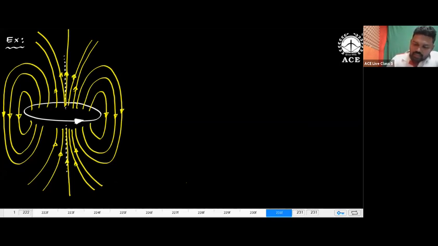Where we have calculated is somewhere here; somewhere here the magnetic field is like this. Clear? Yes. Fine. But in general, this is how it looks.